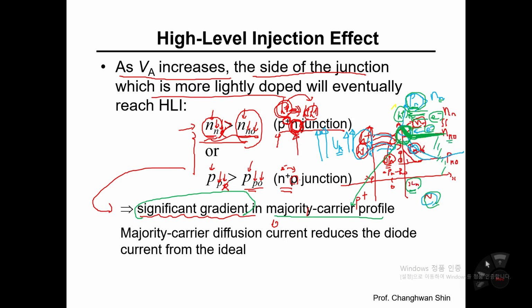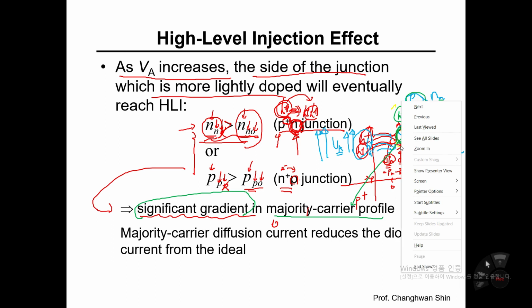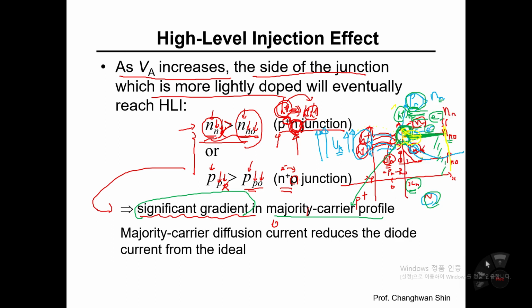Here, many electrons are now accumulated toward the edge of the depletion layer, but in the end, those electrons should be diffused toward the opposite side of the n-side region. So this movement of electrons would cause the diffusion current, i.e. diffusion across the p-n diode.